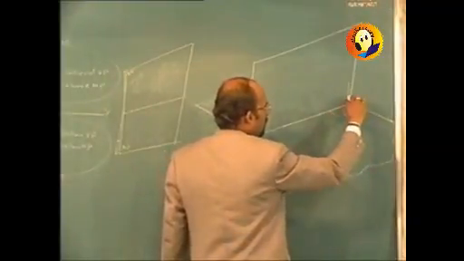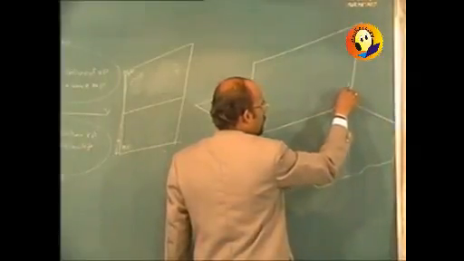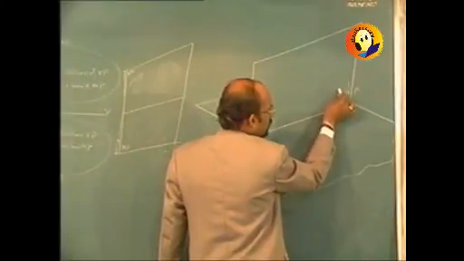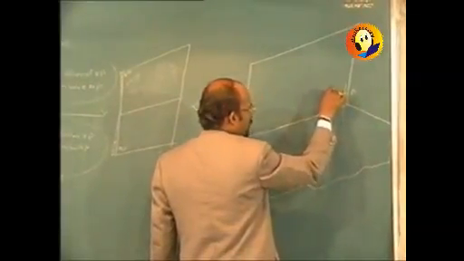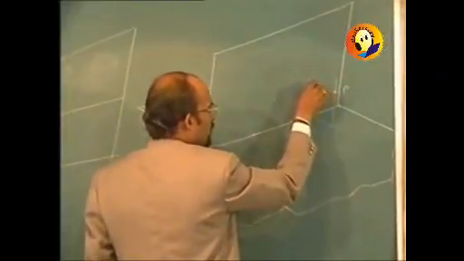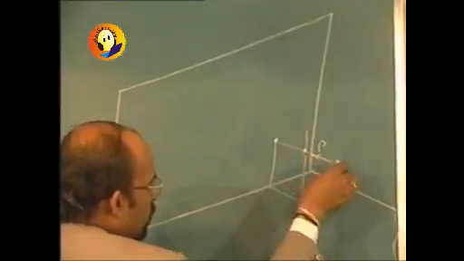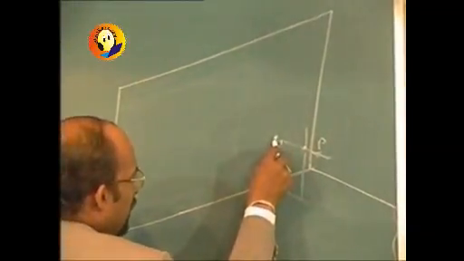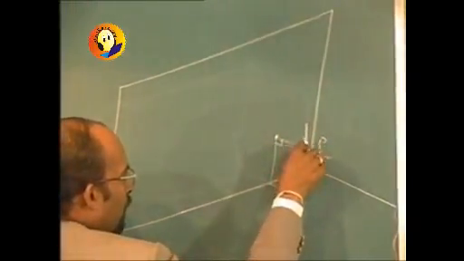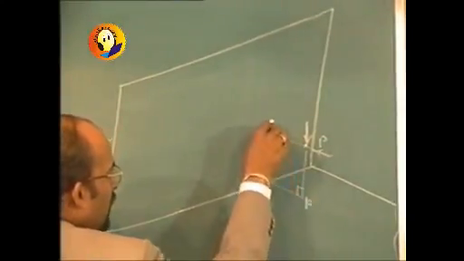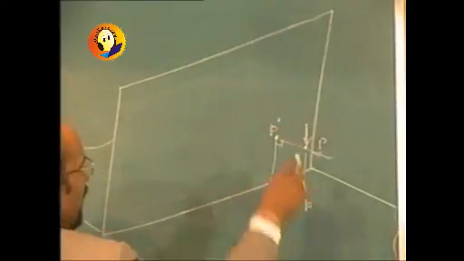Suppose this is 15, then this could be 20. This is point P. If you can imagine, then the projection of point P in vertical plane can be marked over here, and the projection of point P, this is projection which is taken perpendicular to the vertical plane, this angle is 90 degrees, and the projection of point P in horizontal plane will be this point P, whereas this will be named as P dash.